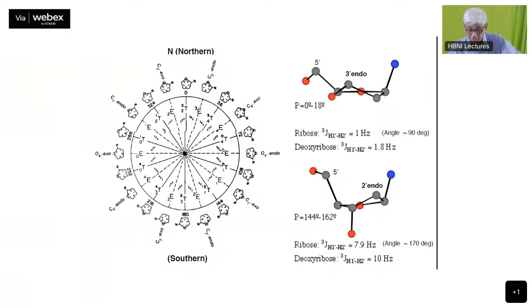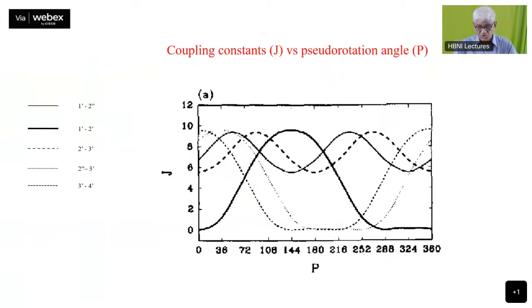In the C2' endo geometry, the 1' to 2' coupling is 7.9 Hertz, and the 1' to 2 double prime coupling is 10 Hertz. These are large couplings. Therefore, you will see these cross peaks very well. You can see that here. Here is a plot of the coupling constants, all the 5 coupling constants in the sugar ring. Which are the 5 coupling constants in the sugar ring?